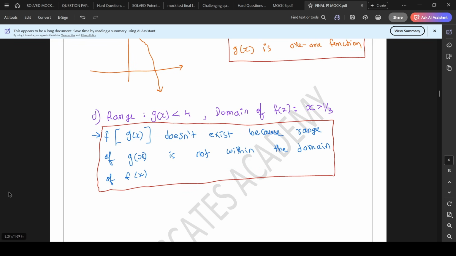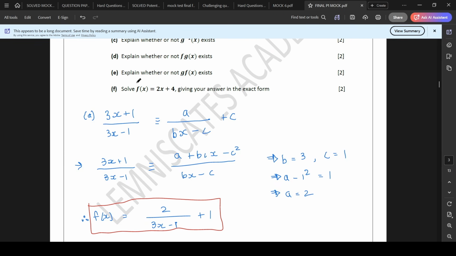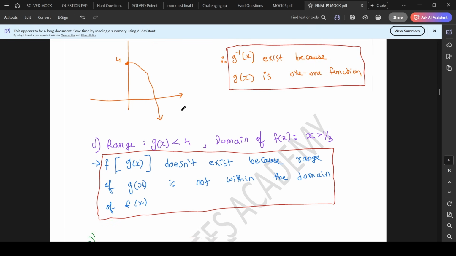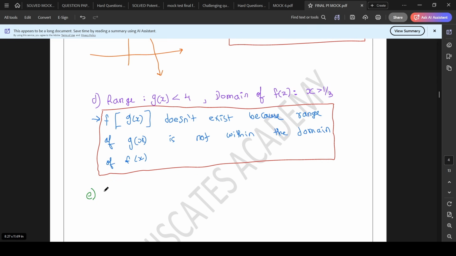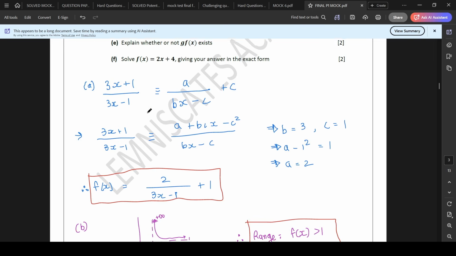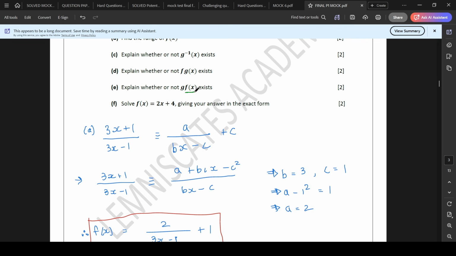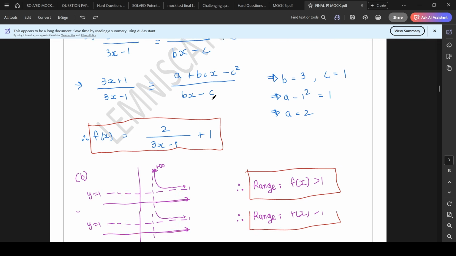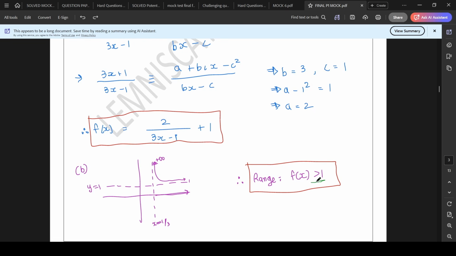Now let me go ahead and explain part E. What does part E say? Explain whether or not gf(x) exists. So now it's the opposite way around. So gf(x) means the range of f should be fully contained by the domain of g. So what was the range of f that we have identified? The range of f was greater than 1.